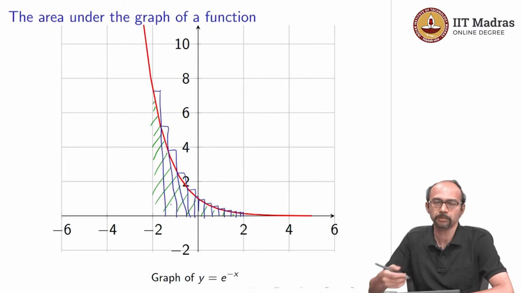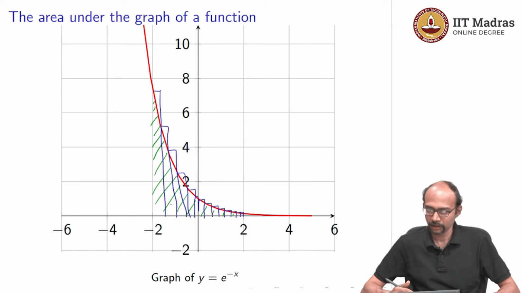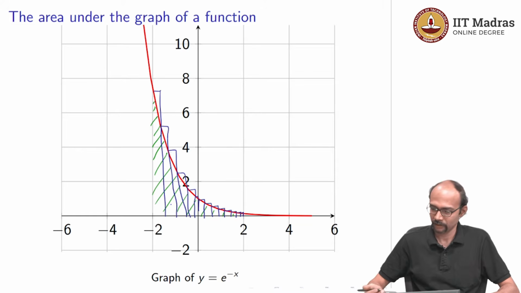And in the limit, meaning if you keep doing this process and allow your rectangles to get smaller and smaller, then you are likely to actually compute the area over here. You could use this strategy for any graph. Here in particular we are doing it for y is e to the power minus x between minus 2 and 2.